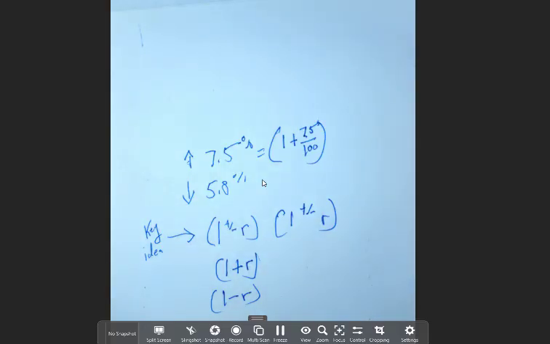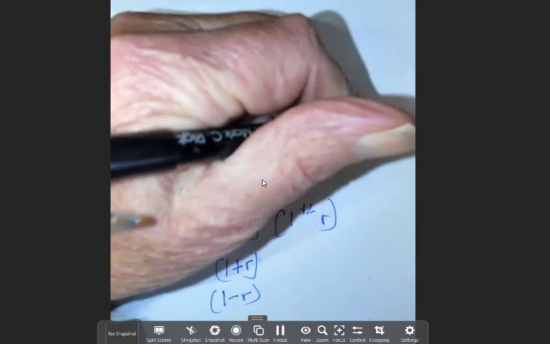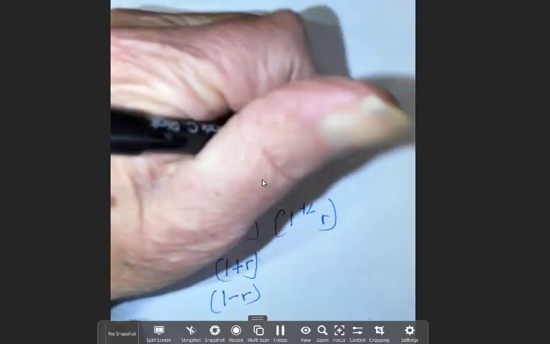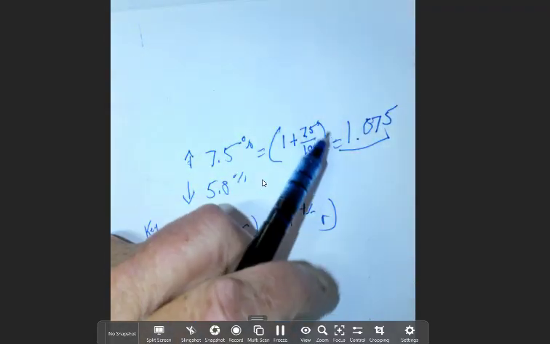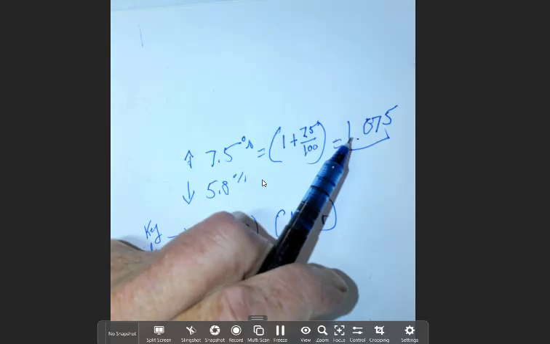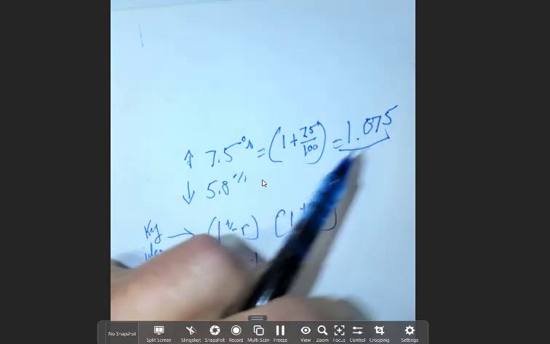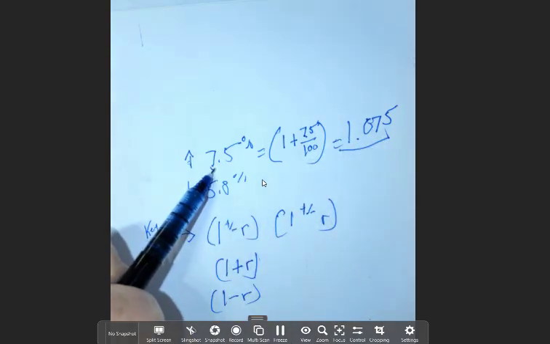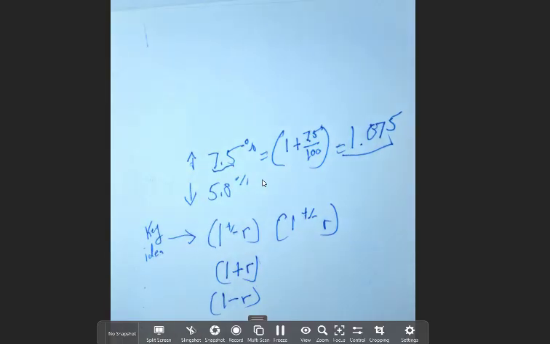So 1 plus r, which is 7.5 divided by 100. So you'd multiply by 1.075. That's the factor. So if you take a number and multiply it by 1.075, that is increasing it by 7.5%.